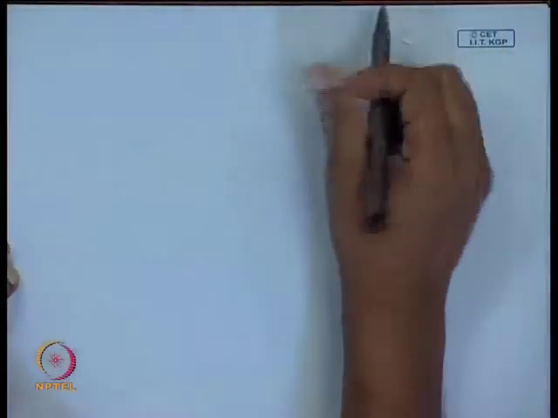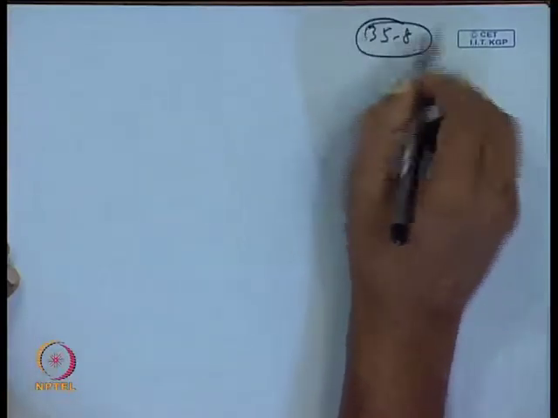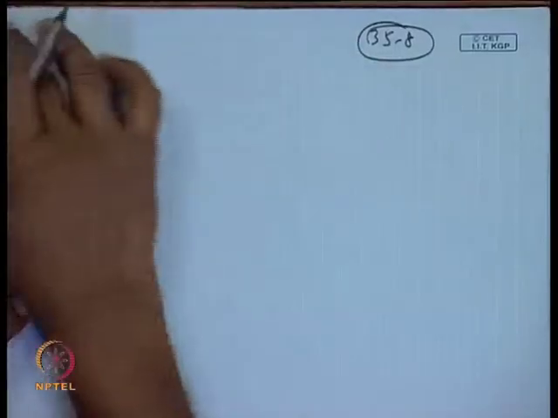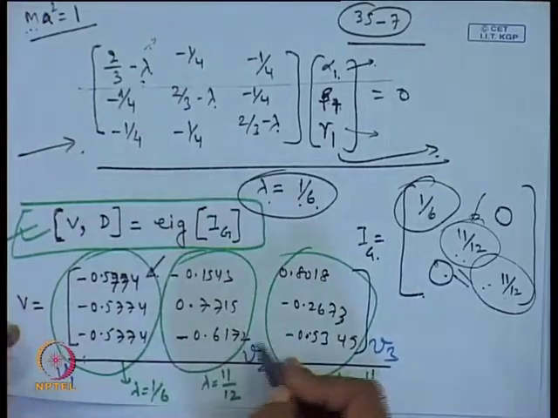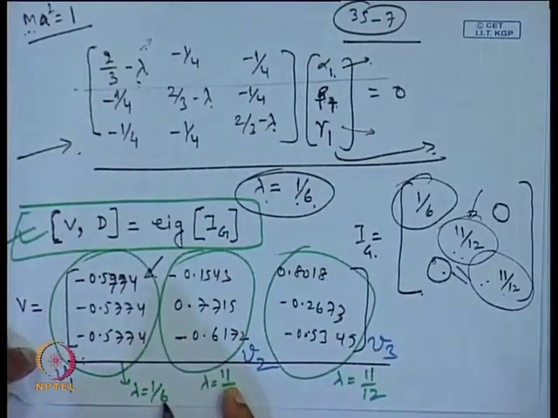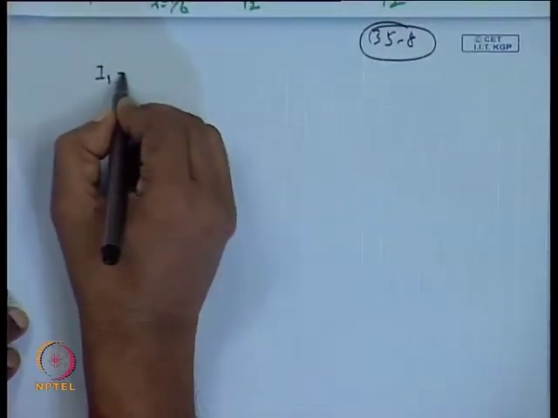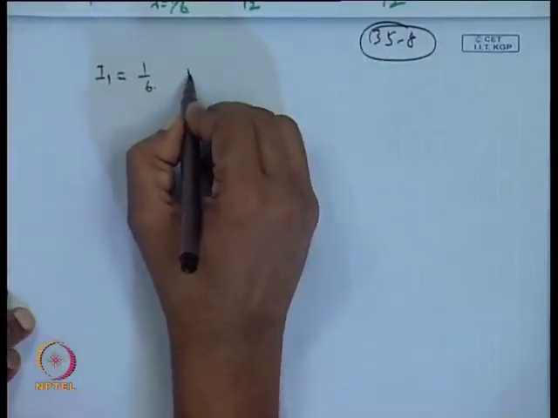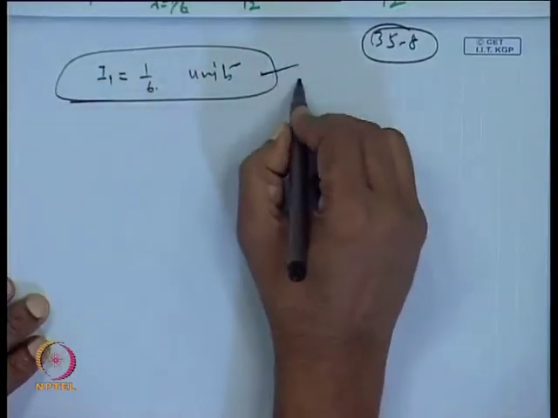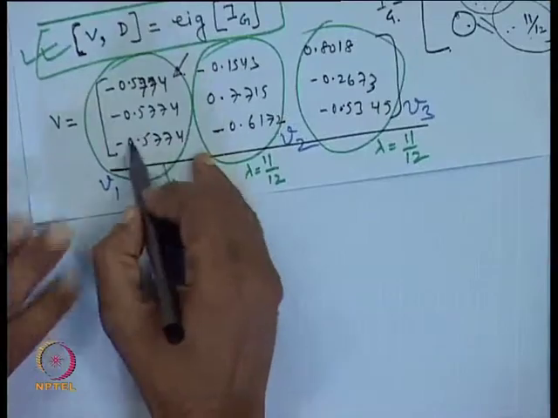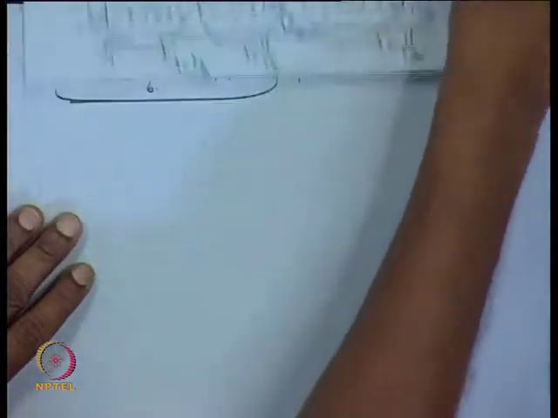So, whatever we are getting here, you look into this eigenvector. This is corresponding to lambda equal to 1 by 6. So, this is the principal moment of inertia. So, I 1 is equal to 1 by 6 units. So, this is our first principal moment of inertia, and the corresponding eigenvector is indicated here.